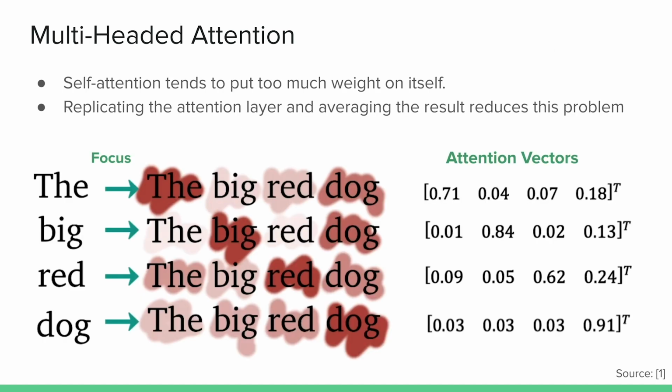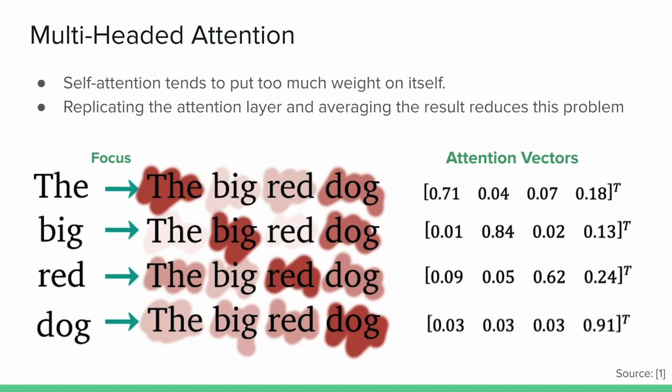And one more thing for this attention block here is that, unfortunately, if we use this self-attention, the network pays a lot of attention to itself, to the word. So "the" pays a lot of attention to the word "the". Well, I mean, it's obvious that the word is related to itself, but it's not really useful.